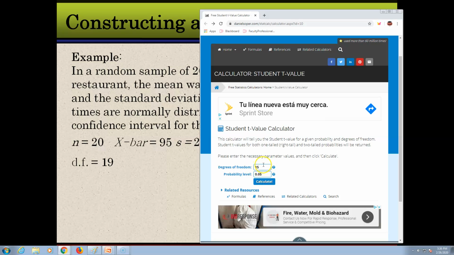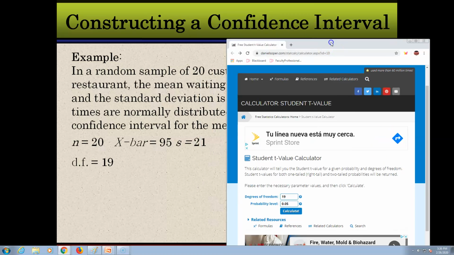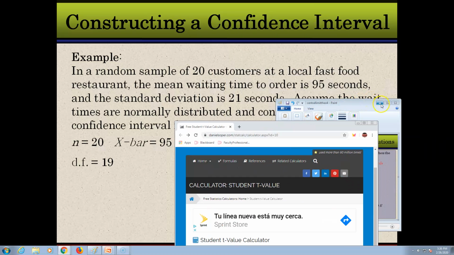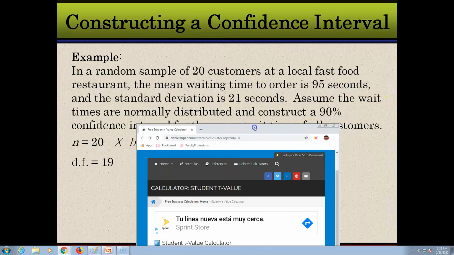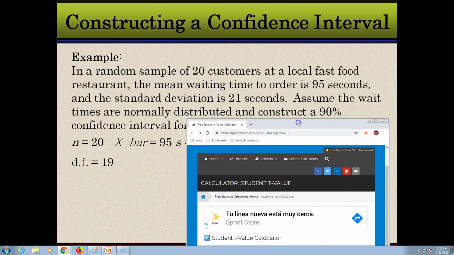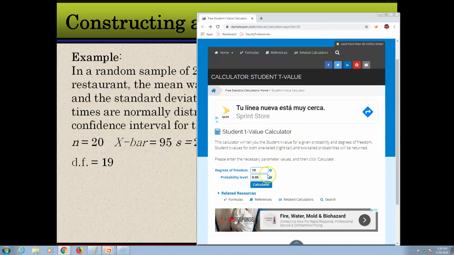This calculator is asking me for two things. The first is the degrees of freedom, which in this case is 19. That's what I'm going to type in there. The second thing it's asking me for is the probability level. Now careful, because the probability level is not the same thing as the confidence level. This 90% is a confidence level, but this calculator is asking me for a probability level.